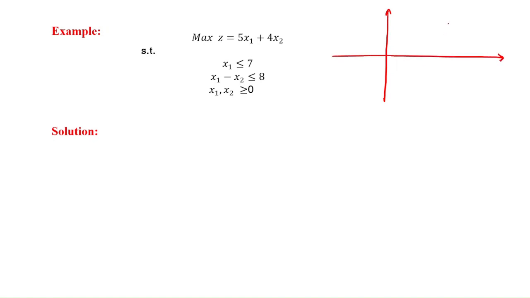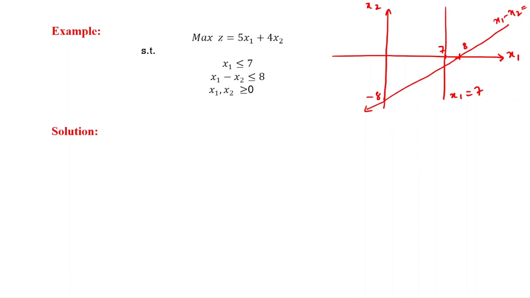we could easily identify this. Suppose these are x1, x2. So x1 is equal to 7, we are talking about this, and let me take this as x1 minus x2 equal to 8, right? So this is my line, this is minus 8, plus 8, this is plus 7.